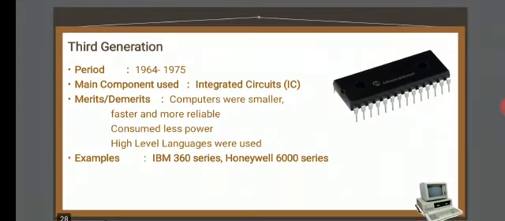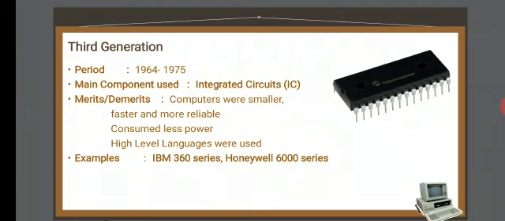Okay, then we have the third generation. Here the period was 1964 to 1975. In the third generation we started using integrated circuits. That means the main component we used in the third generation was integrated circuits. The merits: computers are smaller, faster, more reliable, and consume very little power.